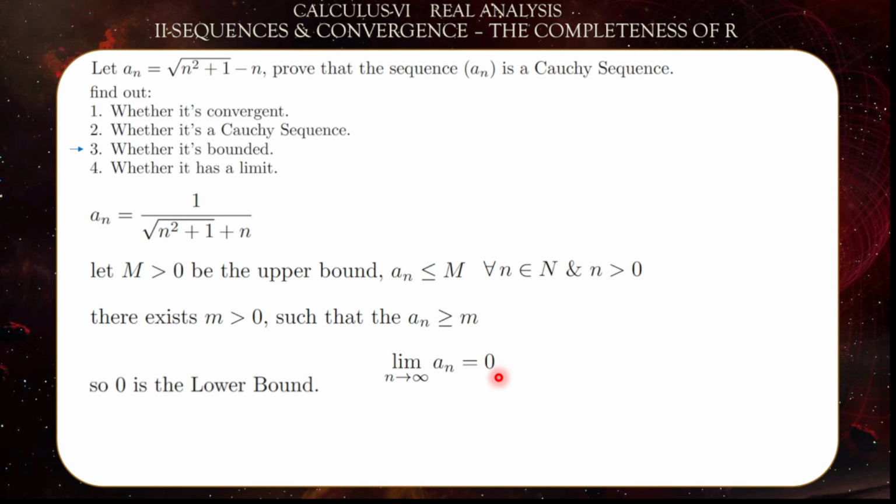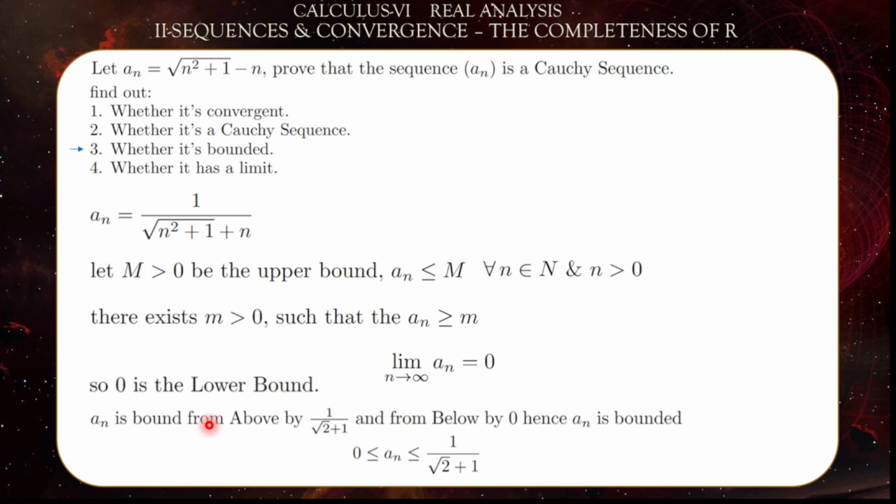This is as low as you can get, so 0 is the lower bound. a_n is bounded from above by 1 over (square root of 2 plus 1), and from below by 0, hence a_n is bounded in general, which means a_n is greater than or equal to 0, and less than or equal to 1 over (square root of 2 plus 1).